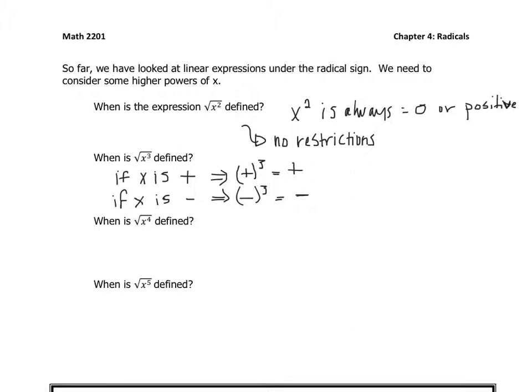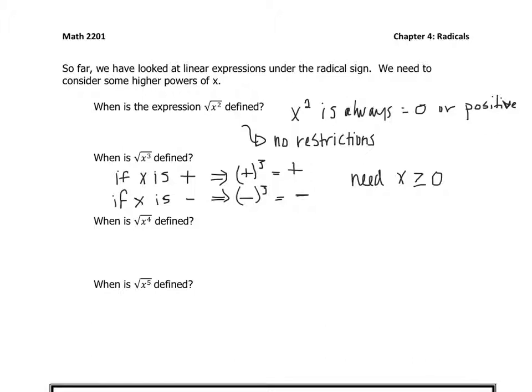And if you try to take the square root of it, you would get an undefined value. So you would need to have x greater than or equal to 0 in order to be able to find the square root if x is cubed under the radical sign, under the square root sign.